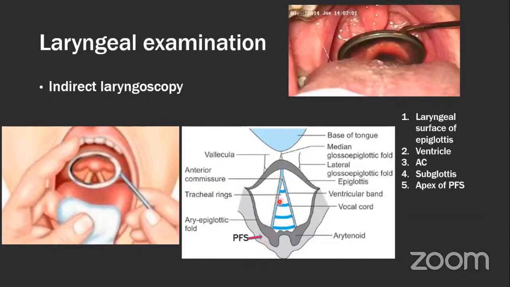The subglottis, that is the under surface of the vocal cord, is again not seen. And also the apex of the piriform fossa. So the laryngeal surface of the epiglottis 1, laryngeal ventricle 2, then anterior commissure 3, subglottis or the under surface of the vocal cord 4, and apex of the piriform fossa 5. There are 5 blind areas in indirect laryngoscopy.